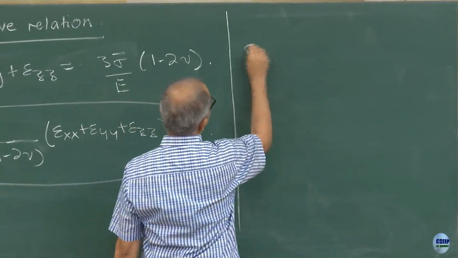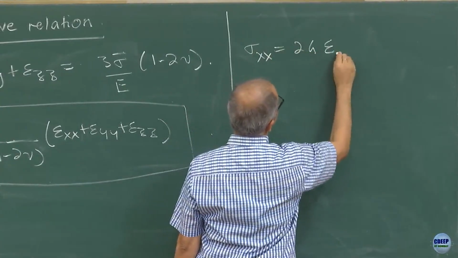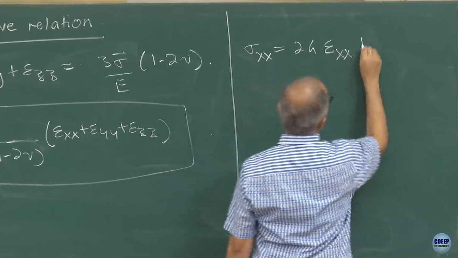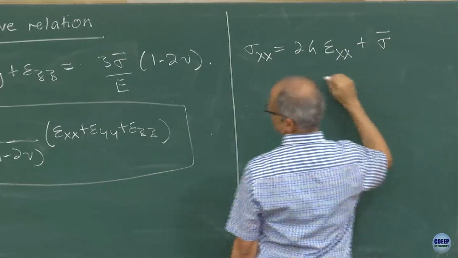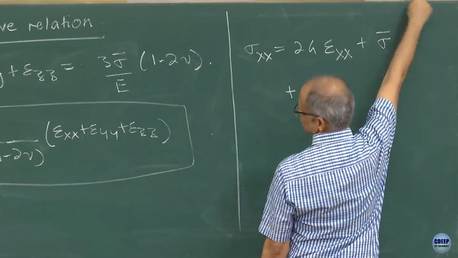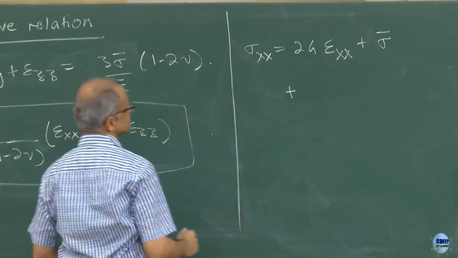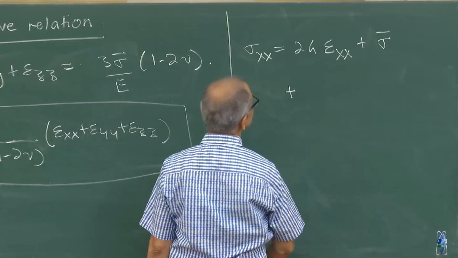So I get sigma xx is equal to 2g epsilon xx plus sigma bar plus this sigma. I'm going to substitute this sigma into this part here.